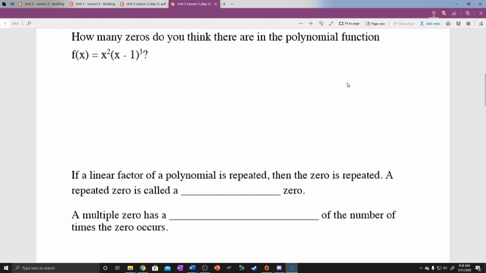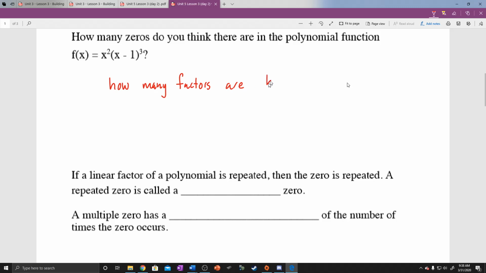All right, how many zeros do you think the polynomial function f of x equals x squared times x minus 1 cubed has? So let's think here, how many factors are here?